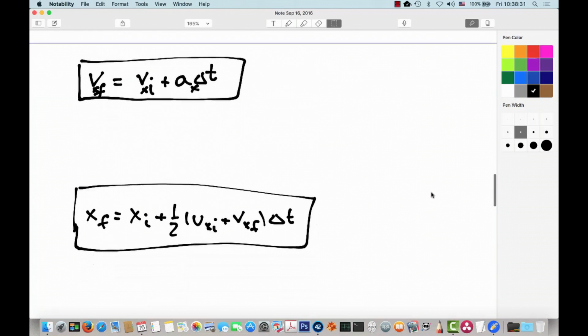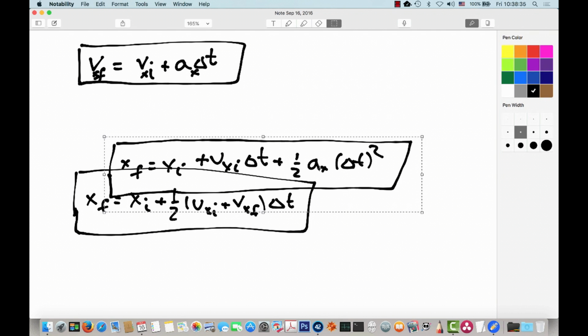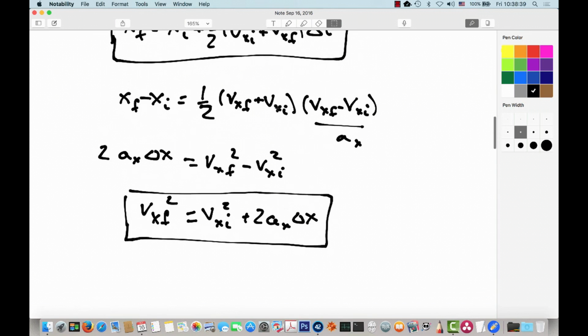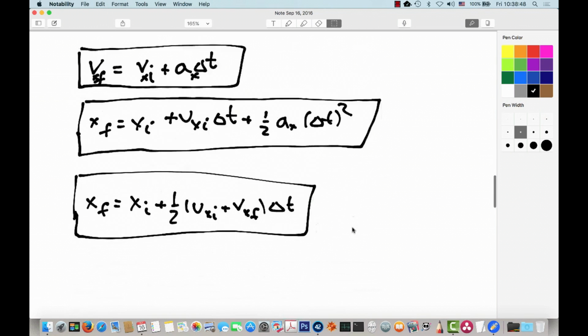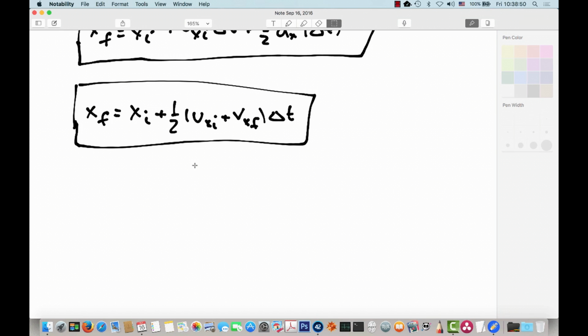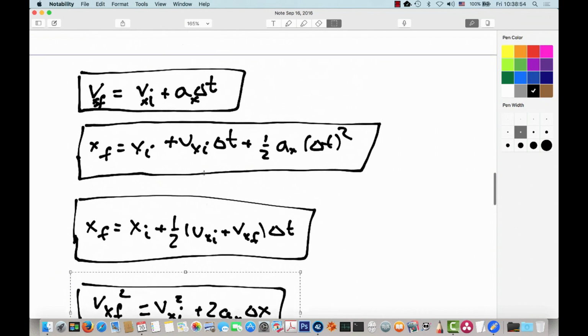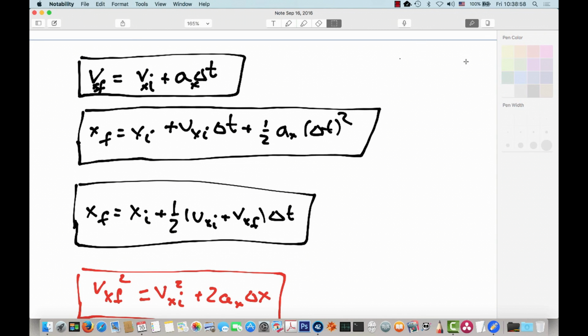Copy, paste. And then the fourth one is this last one that we came up with. Copy, paste.